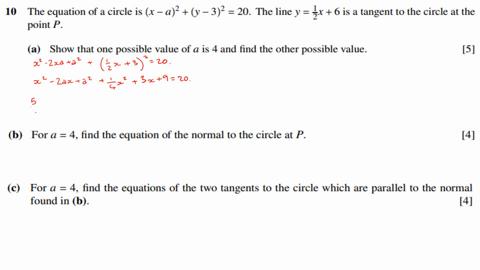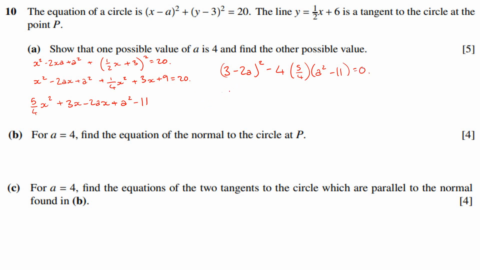Let's collect it together. 5/4 x squared plus 3x minus 2ax plus a squared minus 11. Alright, now in this case b squared is going to be (3 minus 2a) squared, minus 4 lots of a, the coefficient of x squared, which is 5/4, so the 4s will cancel out, lots of c, which is a squared minus 11, and this must equal 0 because we've got a tangent.